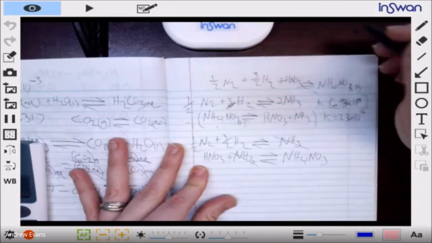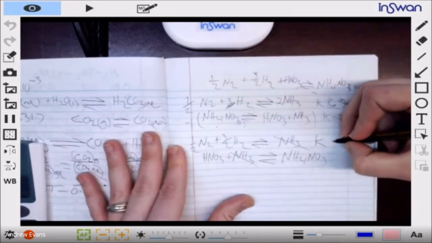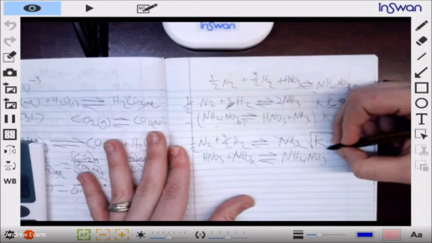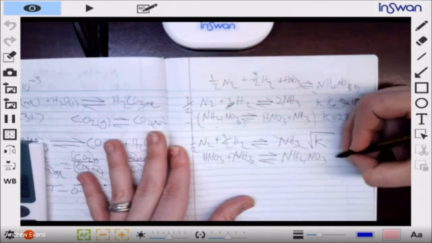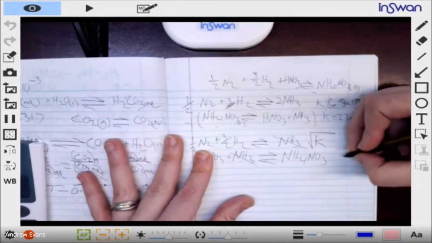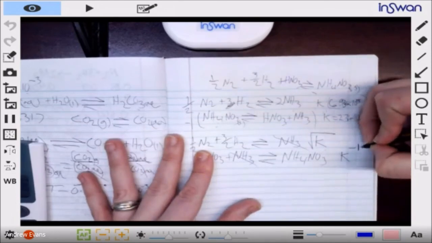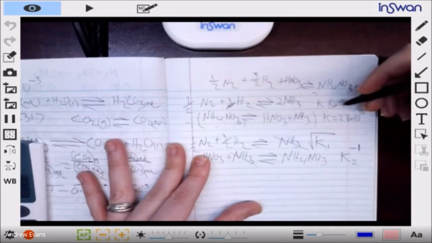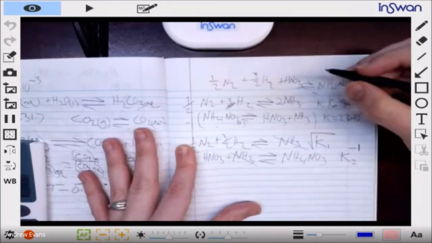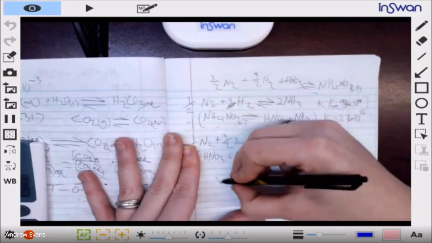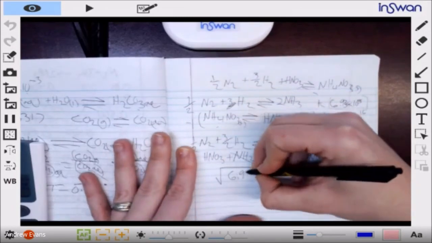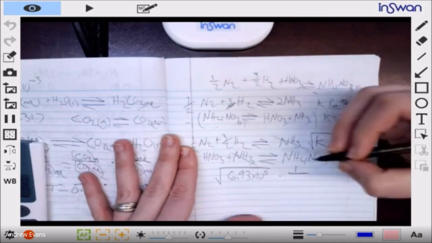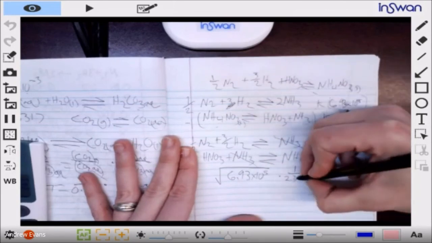So if I halve the coefficients, it would be the square root of our K. If I reverse the reaction, it's the same as taking K to the -1st power, because I'm taking 1 over K. So I have the square root of 6.93 times 10 to the 5th, times 1 over 2.36 e to the 16th.